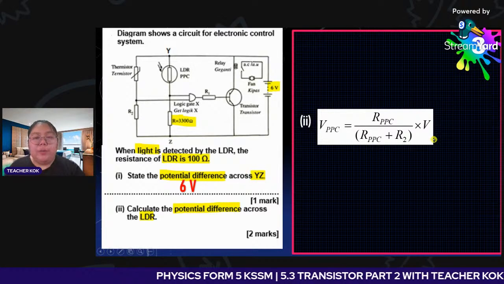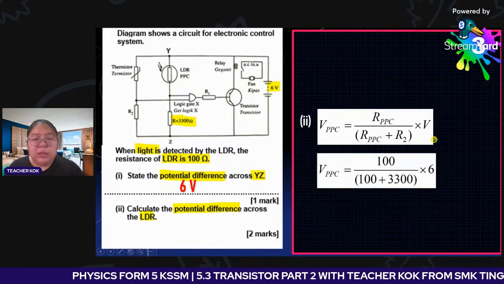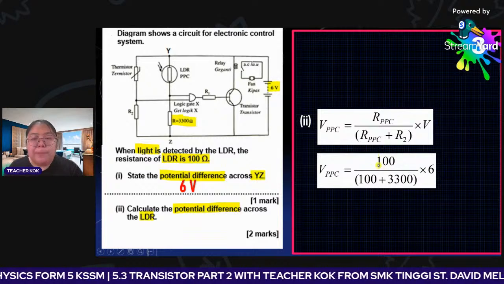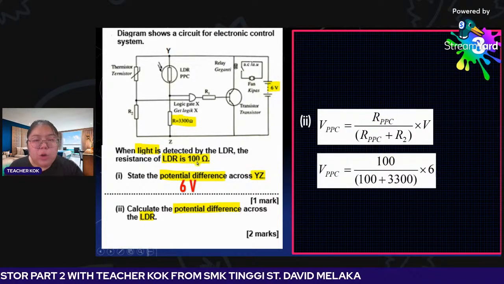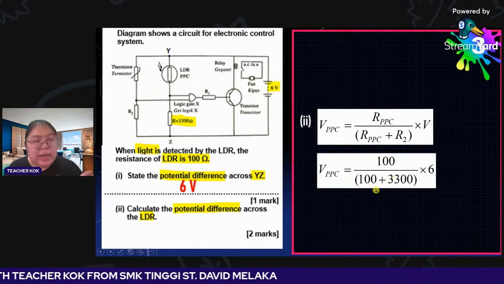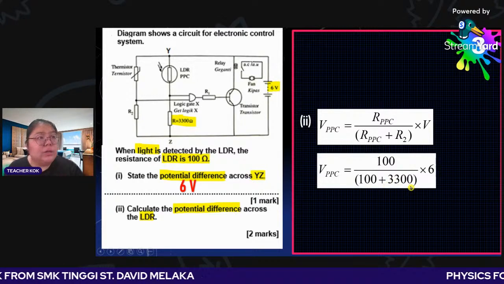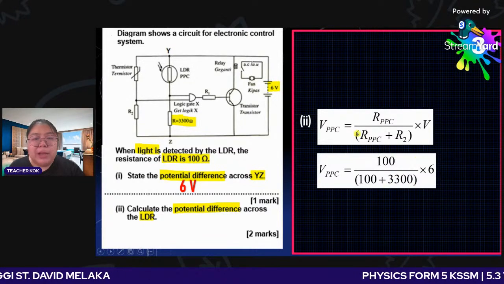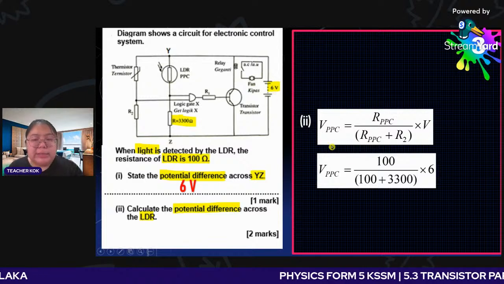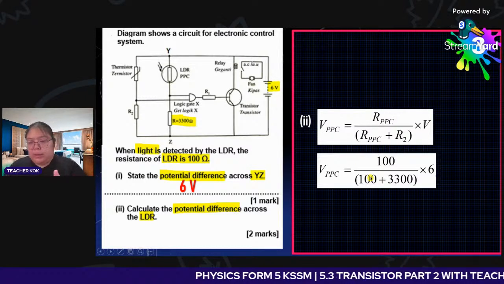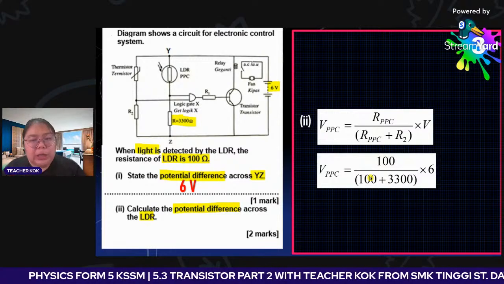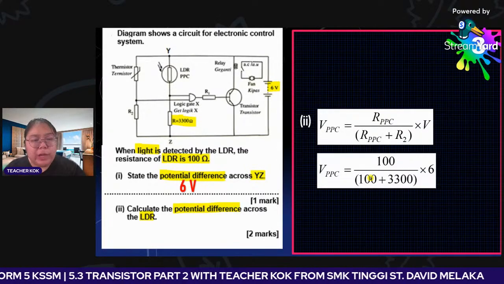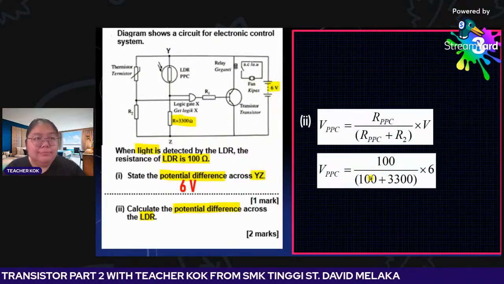So from here I apply everything in. VPPC I don't know, but the resistance I know, there's 100 ohm. Then the bottom one is 100 plus 3,300, then multiply by the total voltage, which is 6. Now it's your turn to tell me the answer for VPPC, that means the voltage for the LDR.